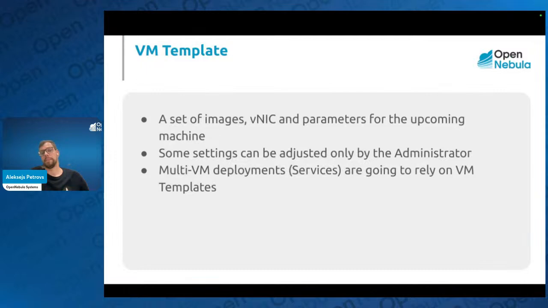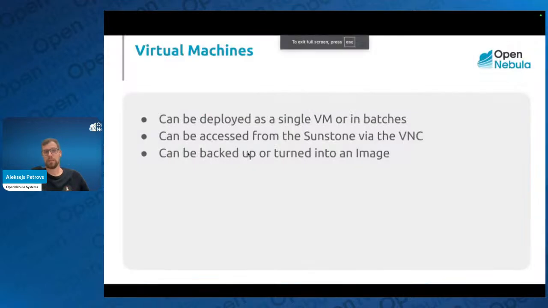So, right. Basically, what it effectively means is that virtual machines can be deployed in batches. You can access them in different ways. You can back the machine up. You can turn your disk into an image and later reuse it in a new deployment of your virtual machines. And yeah, you can run your commands.